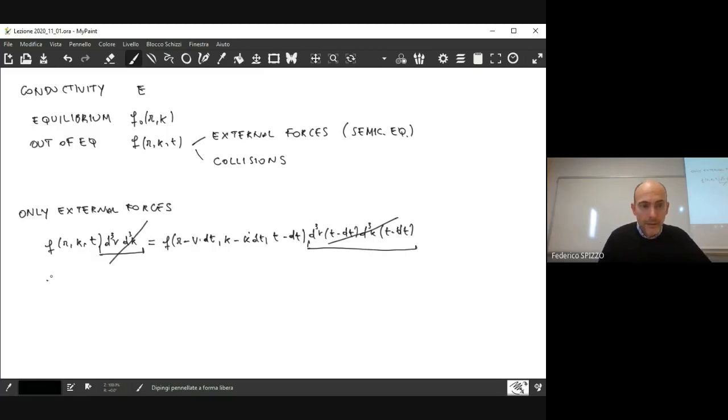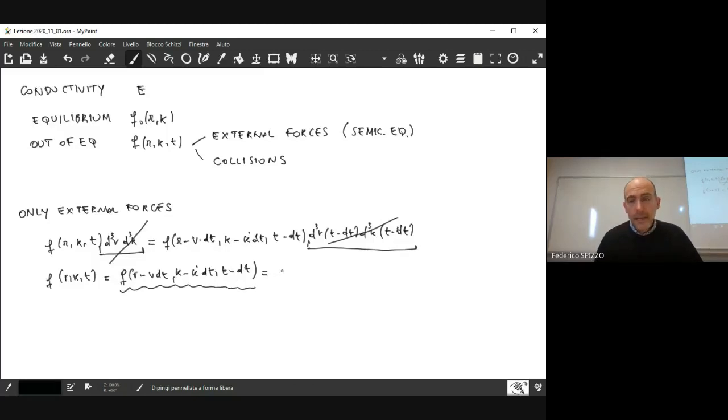So we are left with the fact that the value of f at time t is equal to the value of f at t minus dt, so these two values are the same. At this point, we may expand this second term here and make an expansion at the first order with respect to the coordinates r, k, t.